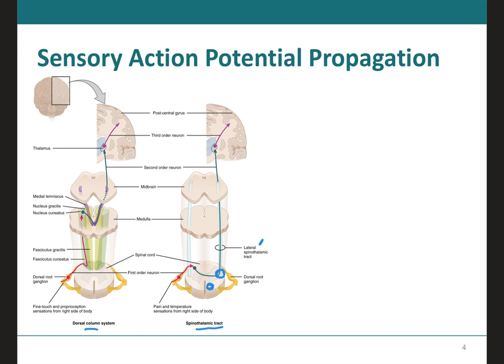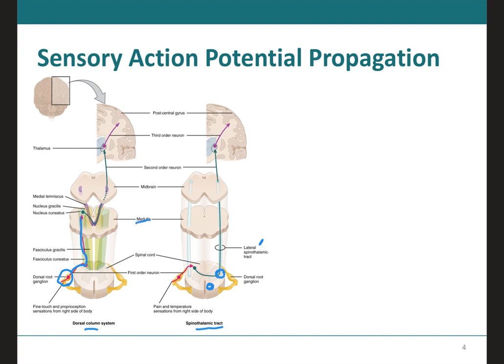We can see that we have a neuron or a neuronal cell body located in the dorsal root ganglion, represented here in red. As it comes into the spinal cord, notice how the axon continues on its pathway all the way up to the medulla oblongata.